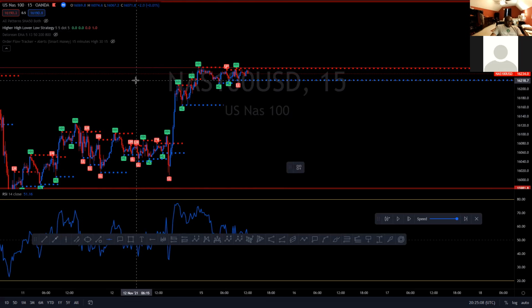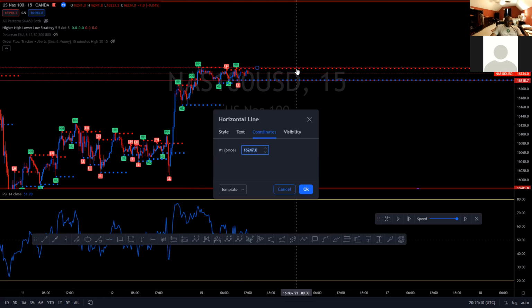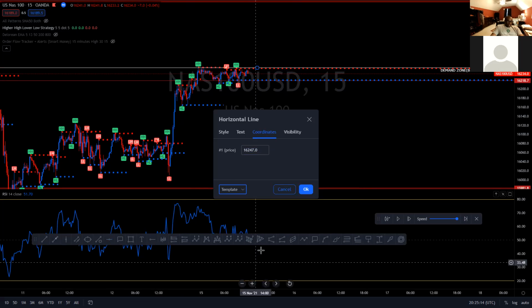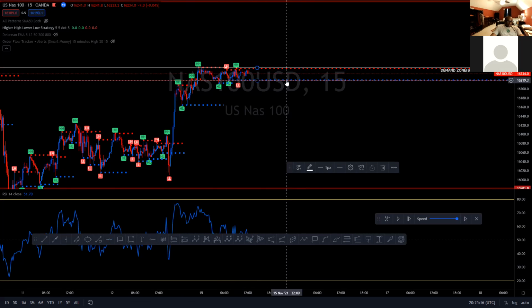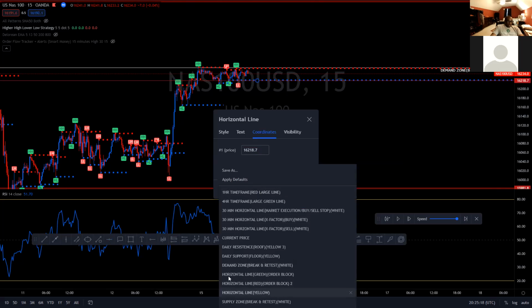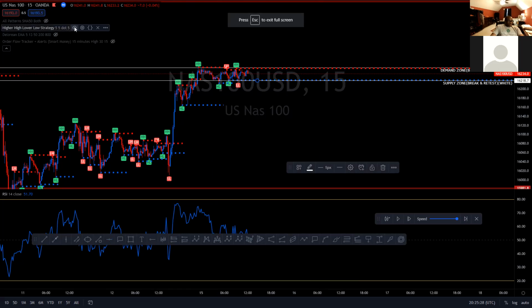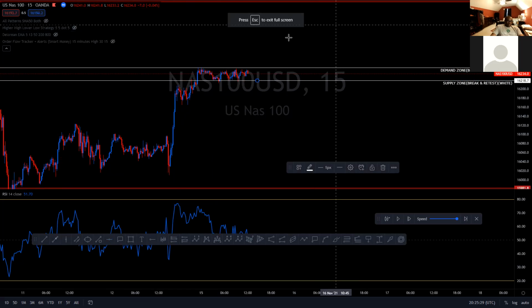The reason I do that is because I want to see which way price is going to break out first before I make my move, so I can wait for price to come to me. When it comes to consolidation, you want to wait for a breakout. Now I turn this off.